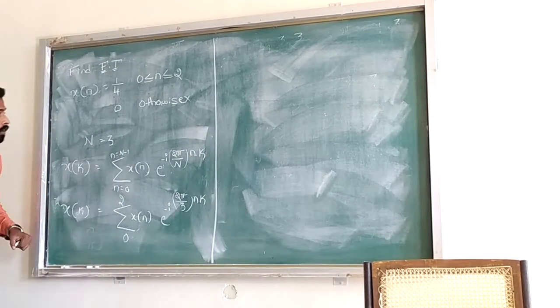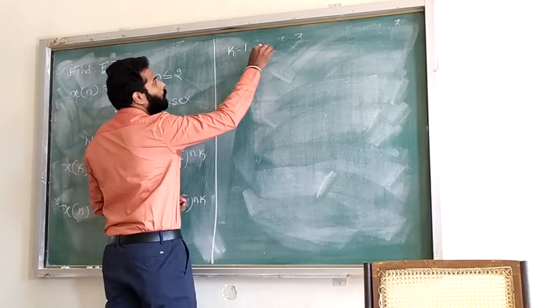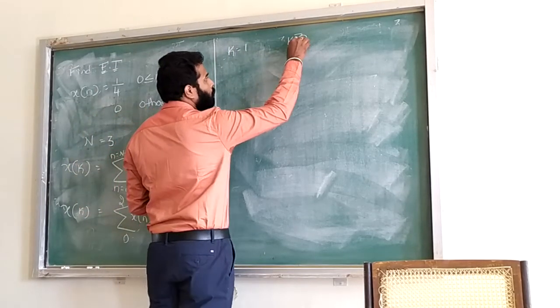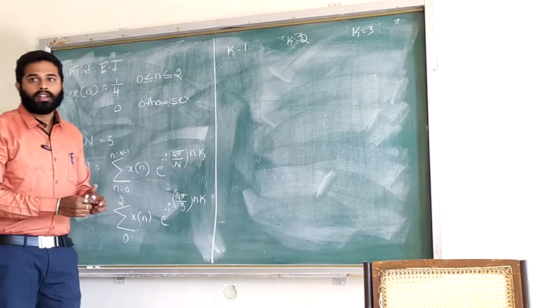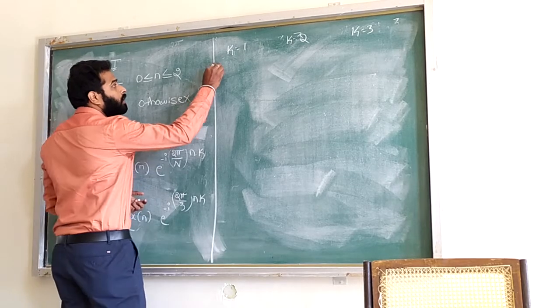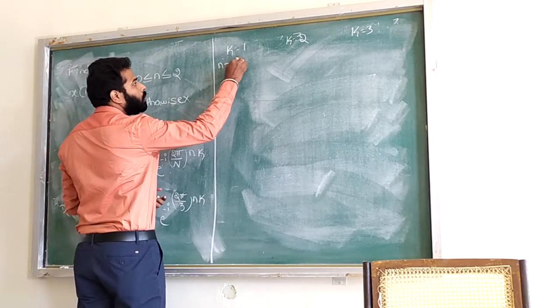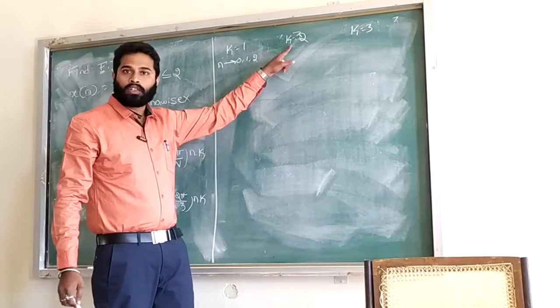Now we need to find for k is equal to 0, for k is equal to 1 and for k is equal to 2. So what is the procedure? First we will take the general equation for k is equal to 0 and we will put n is equal to 0, 1 and 2. Similarly we will write for k is equal to 1.